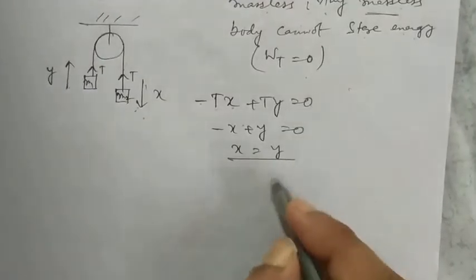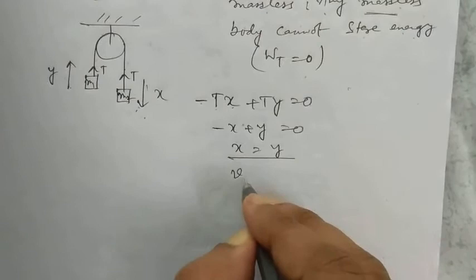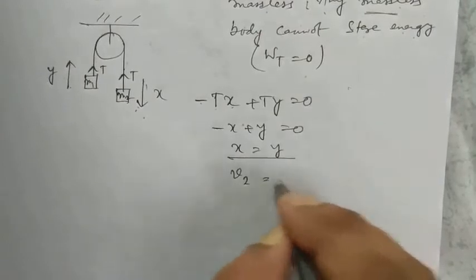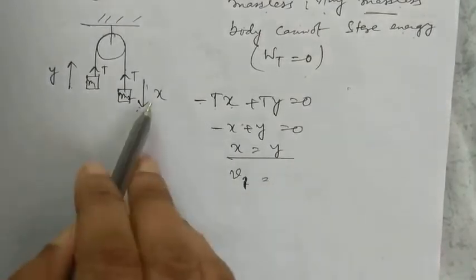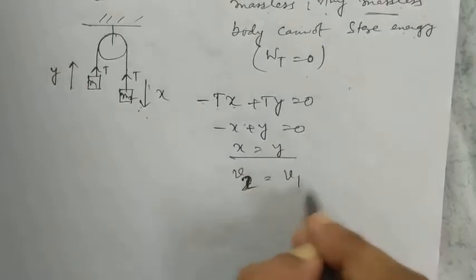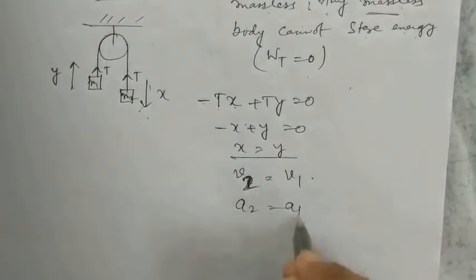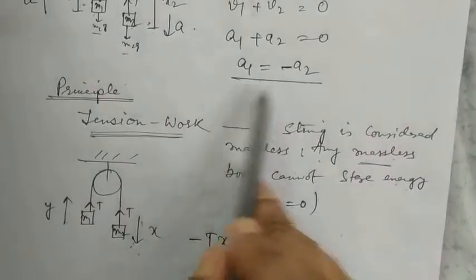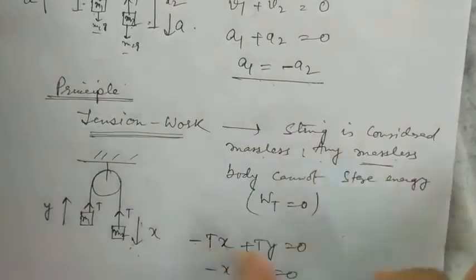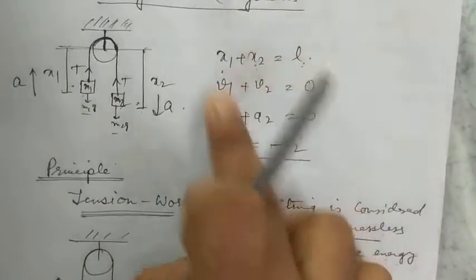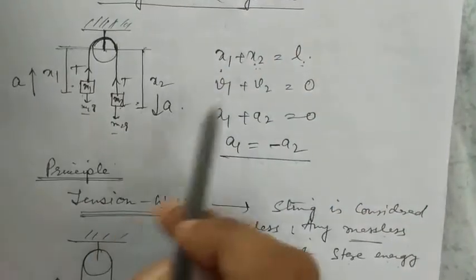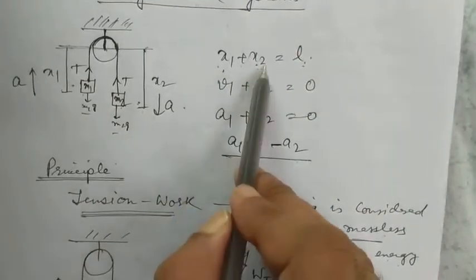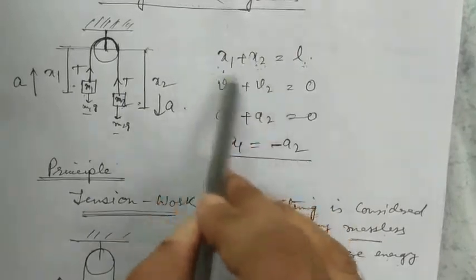Now differentiating both sides of the equation, we get V2 is equal to V1 and A2 is equal to A1. In the previous case we had got A1 is equal to minus A2, because in this type of equation we take x1 plus x2 is equal to L in the same direction.